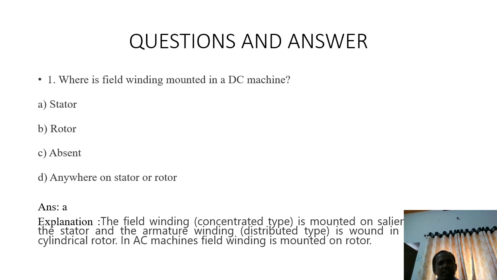The parts of the DC generator are yoke, pole, pole shoes, field winding, armature, armature winding, commutator, commutator segment, brushes and bearings, shaft.